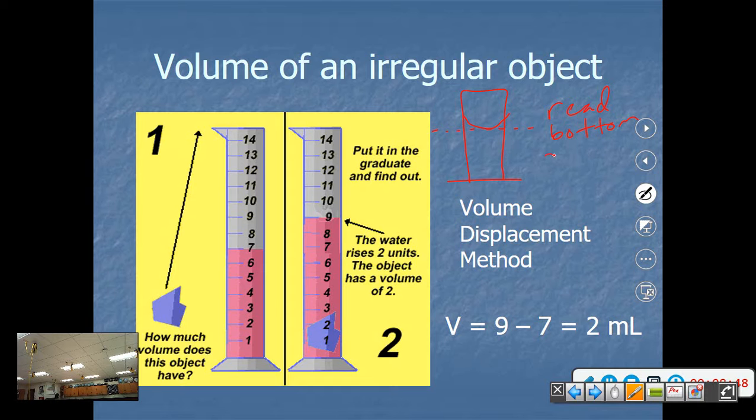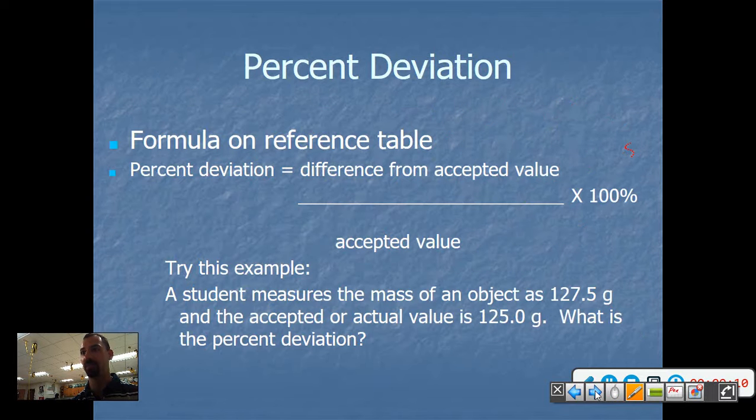That curvature is because the water tends to cling to the sides of the container, and that's why it ends up curving downward. So you get that bottom curvature. Always read the bottom of the meniscus.